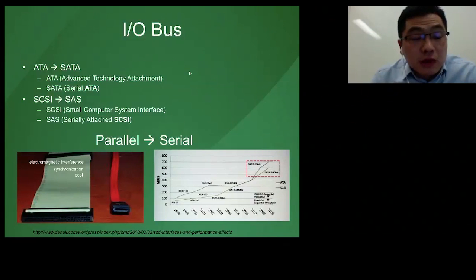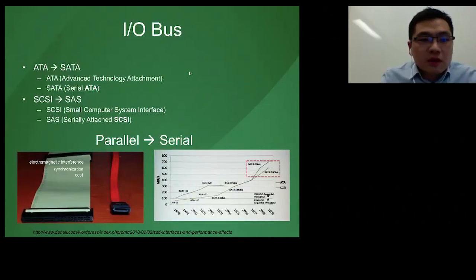There's also evolution in this part, from ATA to SATA, or SCSI to SAS. ATA means Advanced Technology Attachment, and SATA means Serial ATA. And SAS means Serially Attached SCSI.